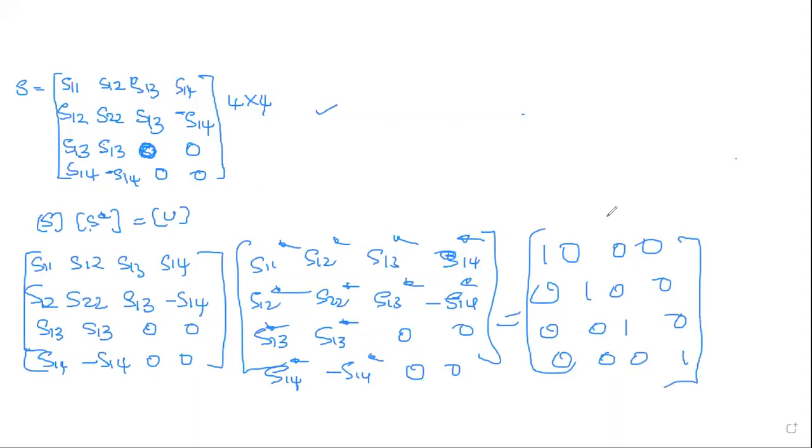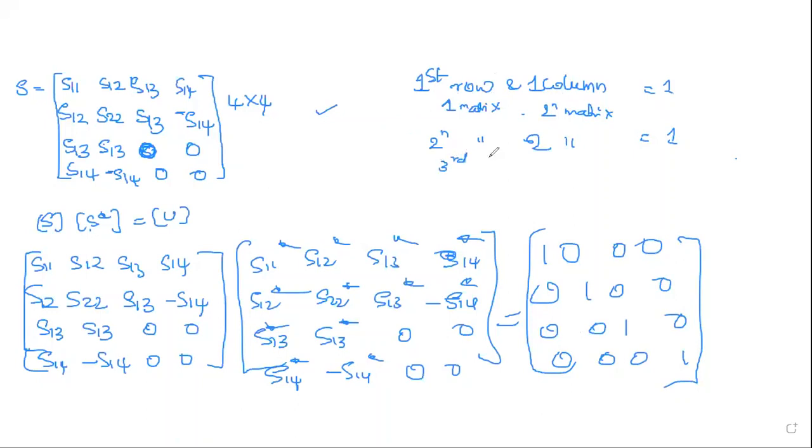Now I want you to complete it and come. What is the next step? I'll tell you the steps. Consider the first row and first column of the first matrix and the second matrix, equated to 1. Similarly, second row and second column equated to 1.